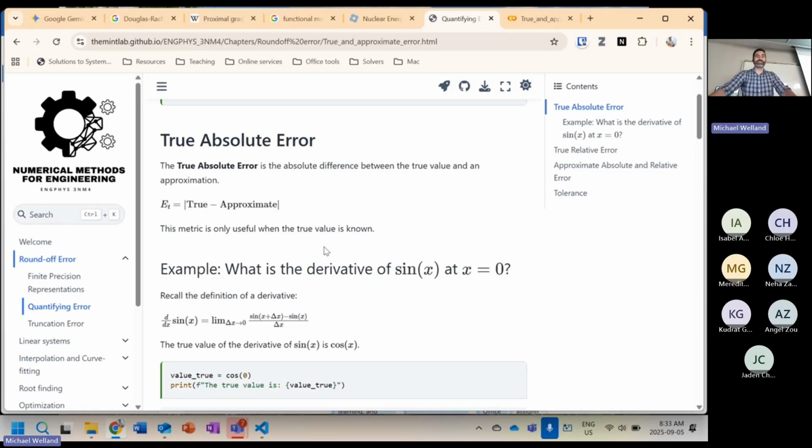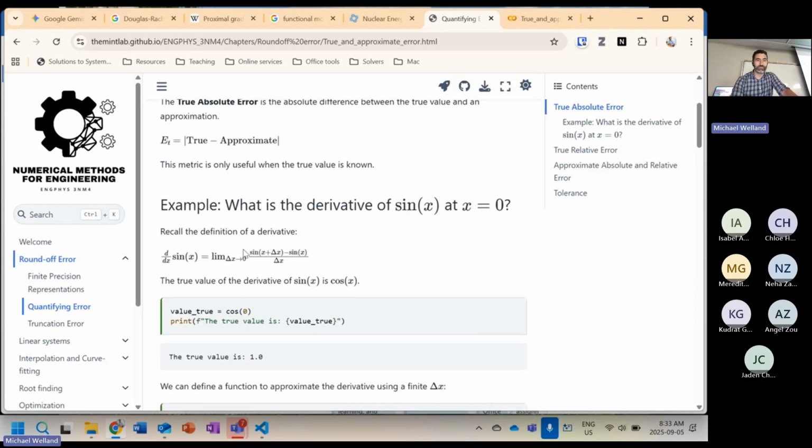So as an example, what is the derivative of sine x at x is equal to 0? Somebody want to jump up with what is the derivative of sine x at x is equal to 0? 1, right? The derivative of sine x is cosine, at 0 it's 1. Okay. I'm jumping a little bit ahead here. We're going to talk about forward difference and central difference methods. But the idea is actually really easy, and if you've done any kind of calculus, you remember limits, right?